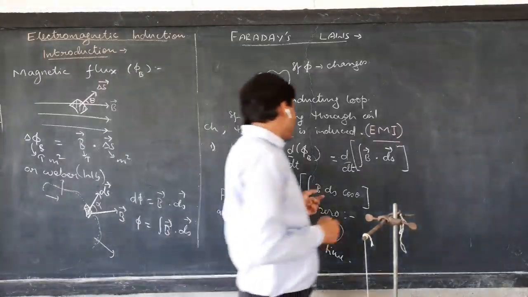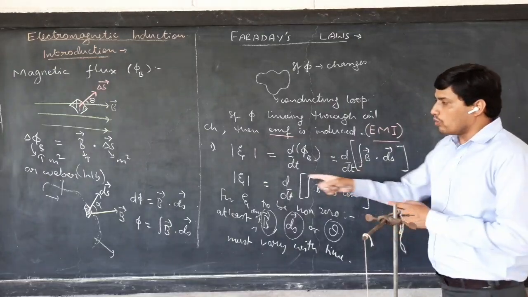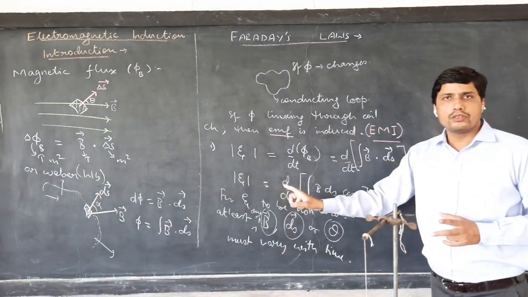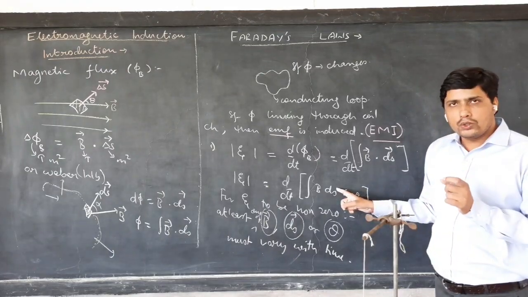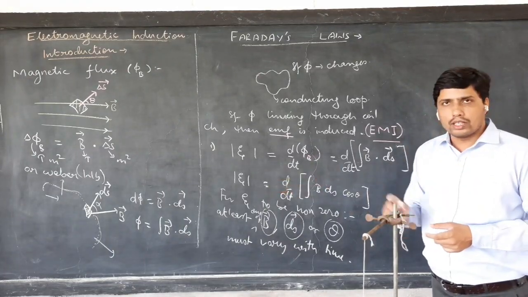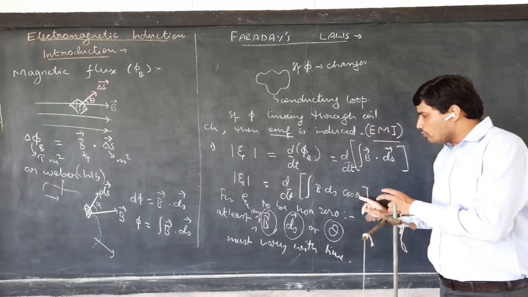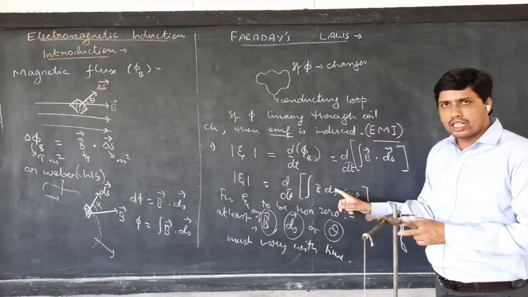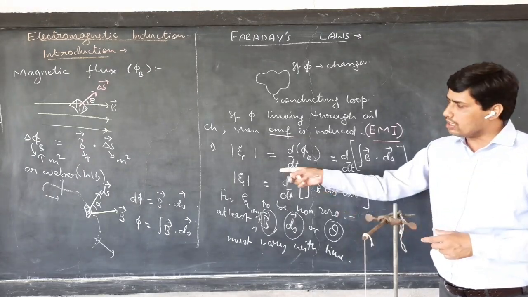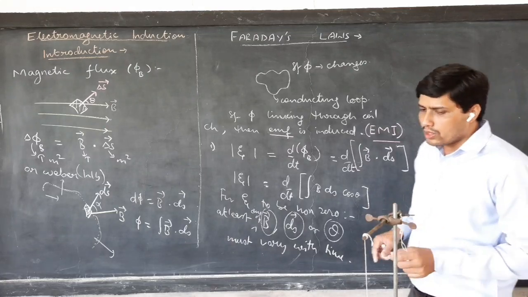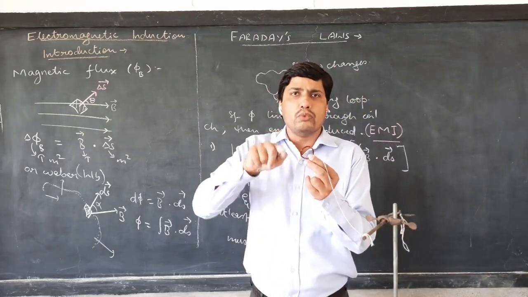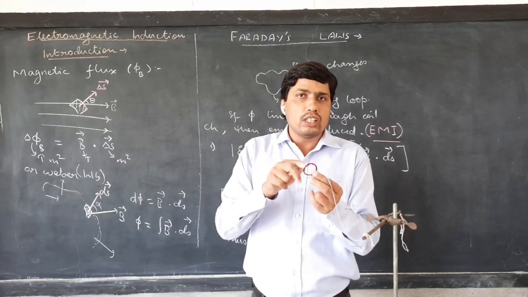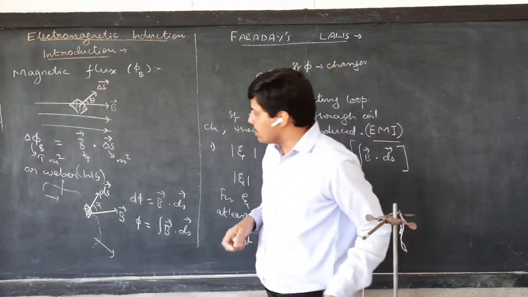So if we can change magnetic field with time, we can expect EMF in the wire. If we can change area of the loop, we can expect EMF in the wire. If we can change angle of orientation between the magnetic field and area vector of the loop, we can expect induced EMF. And if the loop is closed as this one, if there will be induced EMF, there will be some flow of electrons and that will constitute electric current.